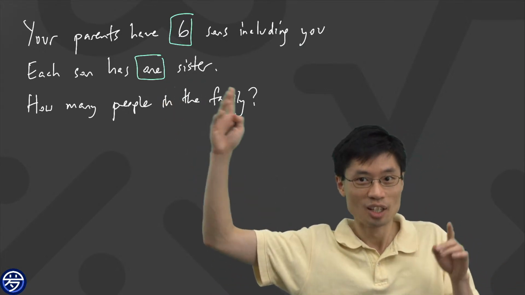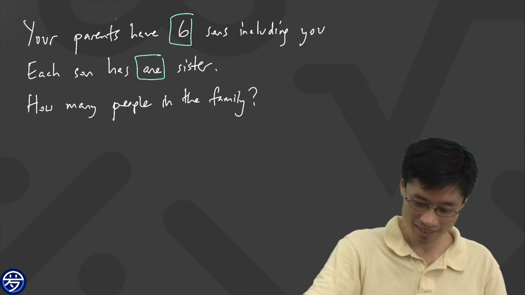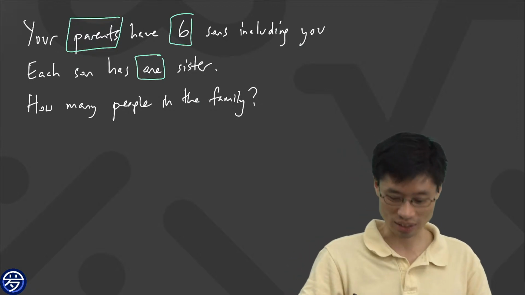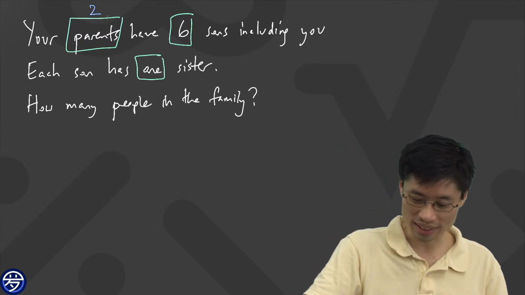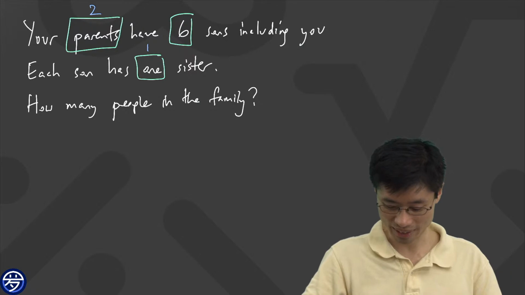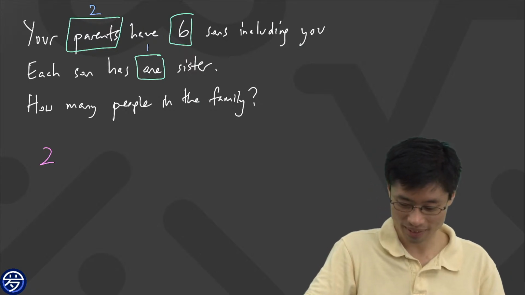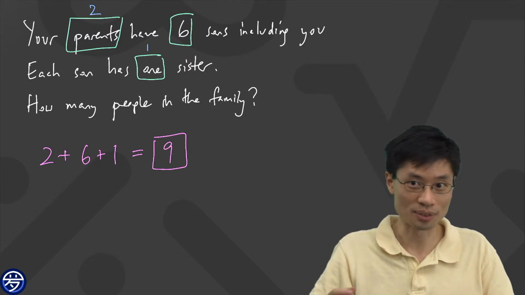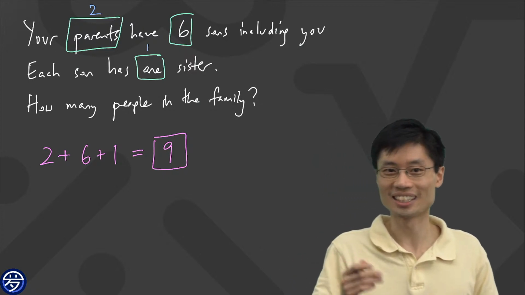That's 7, but don't forget your parents. So I need to add 2: 2 plus 6 plus 1 equals 9. I'm not sure this is right, but I think it's 9.